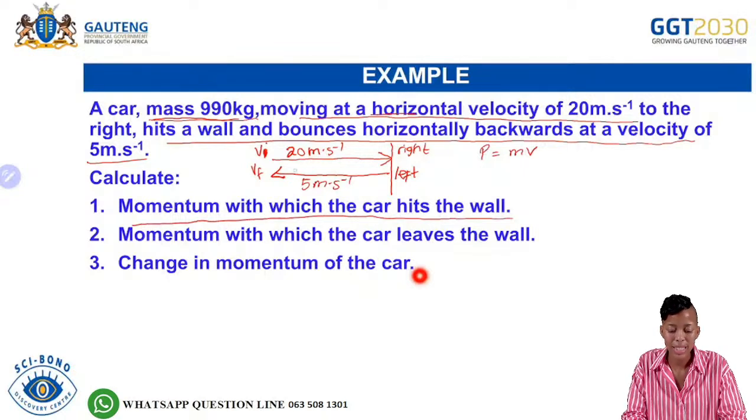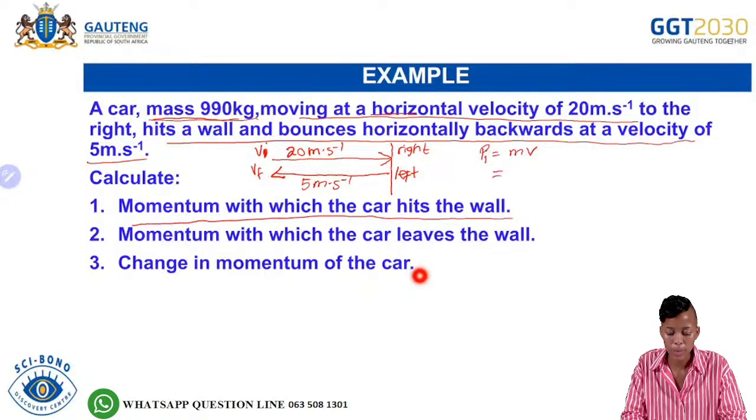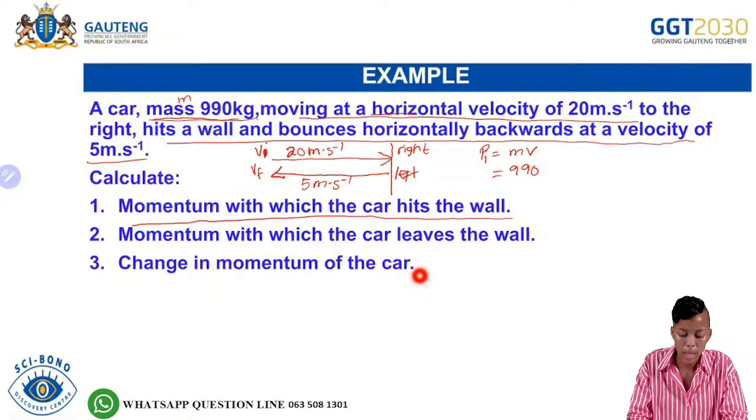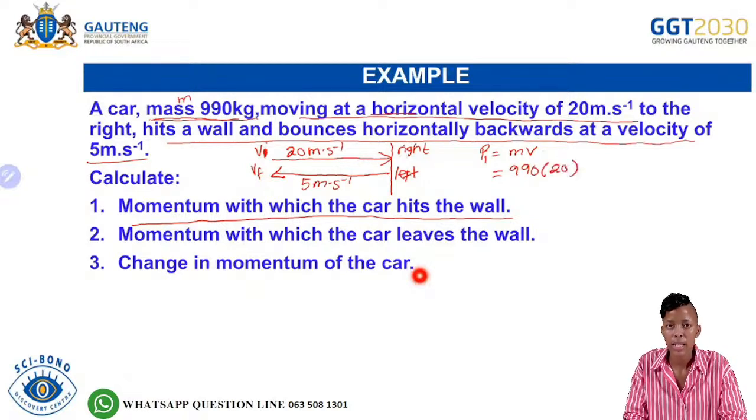The momentum with which the car is hitting the wall means we are moving to the right, so we are calculating our initial momentum. Our mass is given as 990, and our velocity is given as 20. So you are going to punch that into your calculator.